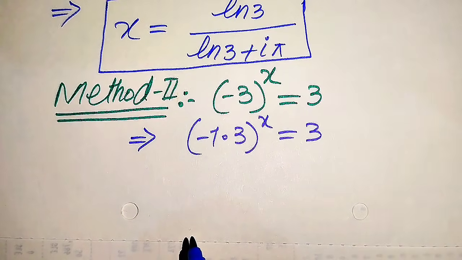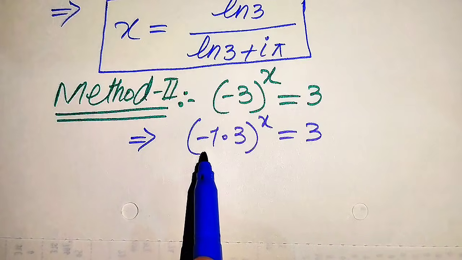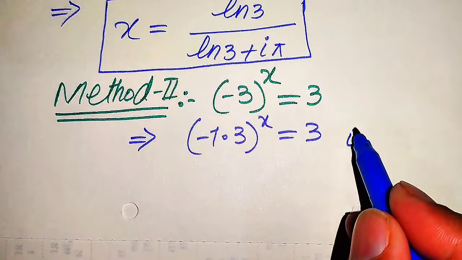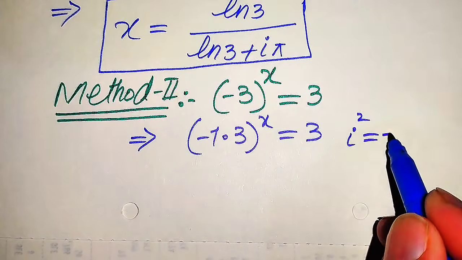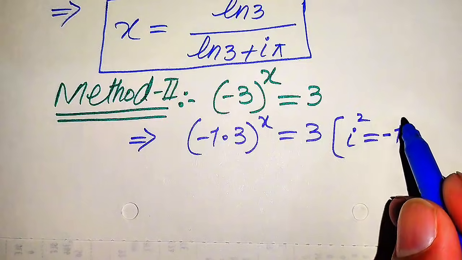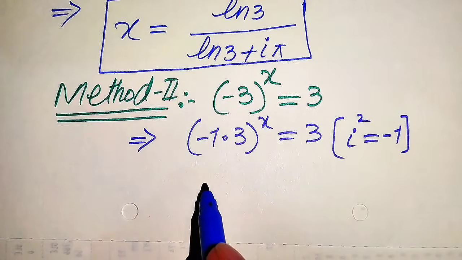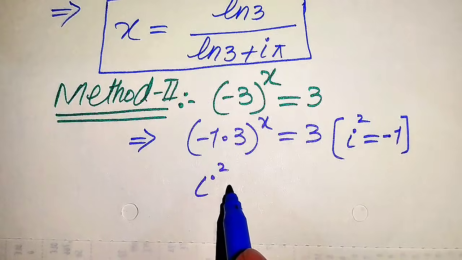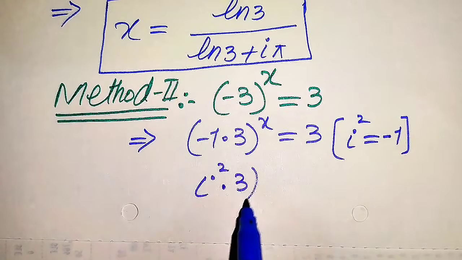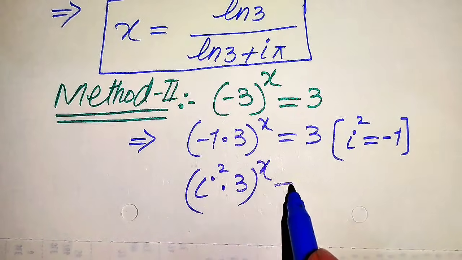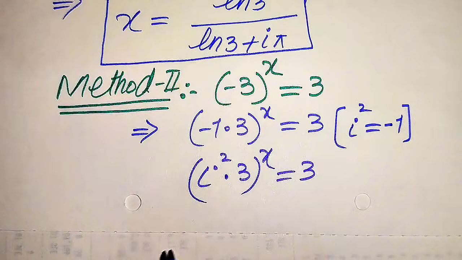In the next step we know that iota square is equal to minus 1. So we use this rule and write minus 1 as iota square. This becomes (iota square times 3) to the power of x, and this whole equation is equal to 3.